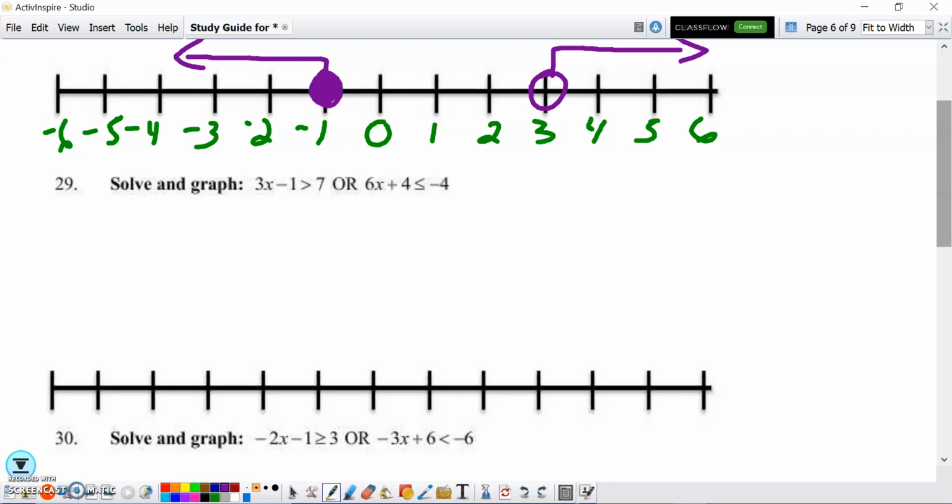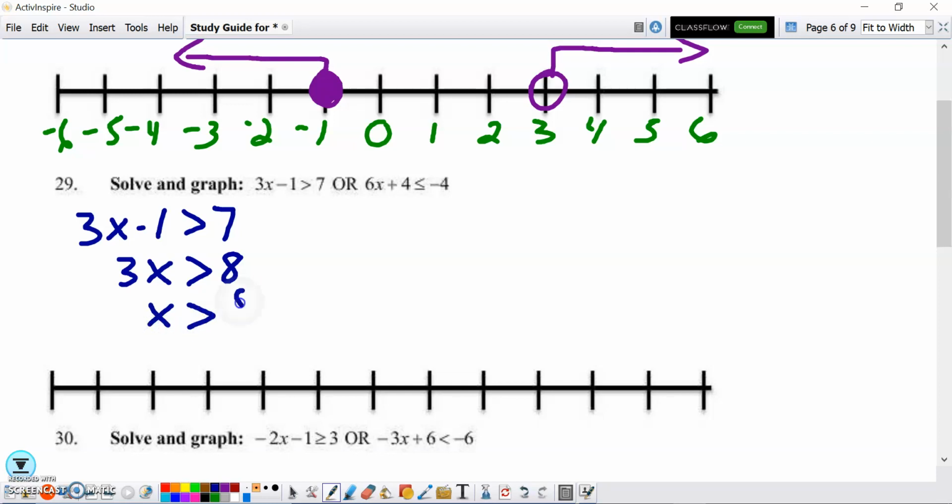Number 29, we need to solve both of those inequalities, so let's start with 3x minus 1 is greater than 7. Okay, I'm not going to show the details, I'm just going to say it. So we're going to add 1 to both sides. We're going to divide by 3, and we're going to end up with a fraction, 8/3. Okay, now the other one.